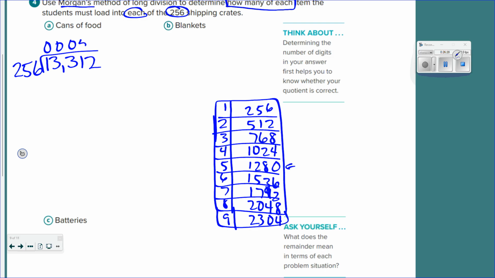So that's going to be 5. I subtract 1280. Gives me 51. Bring down the 2. Will 256 go into 512? Yes, twice. Subtract 512. I get 0. Is that not easier? It's easy.